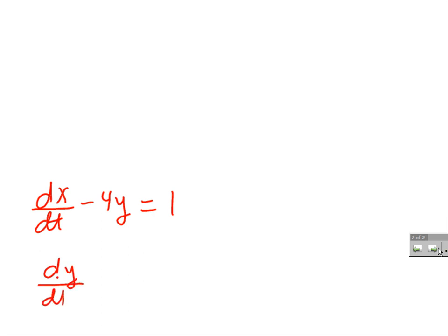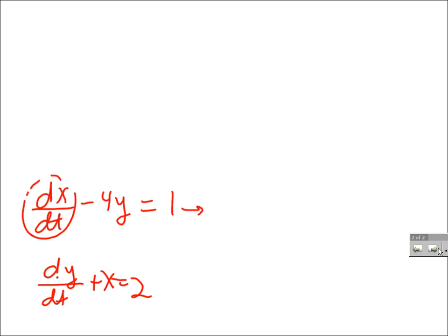As always, let's do some more. Learn by doing examples. Here we have, let me write it down. Here we have dx dt minus 4y is 1, and dy dt plus x is 2.